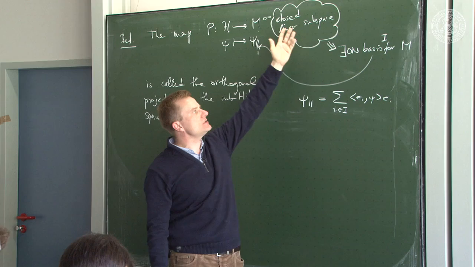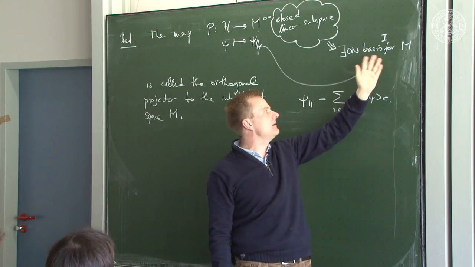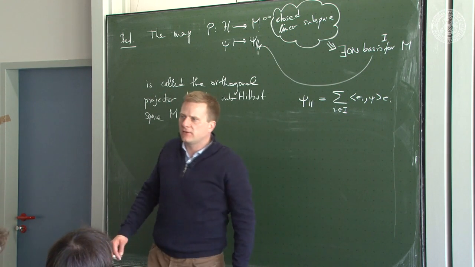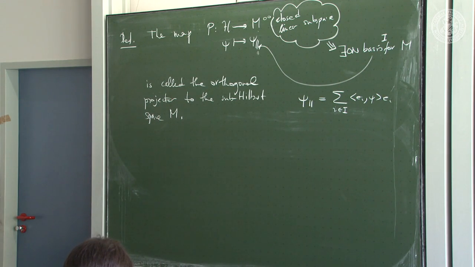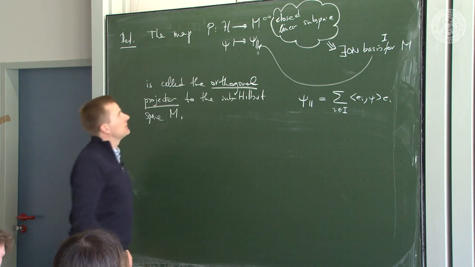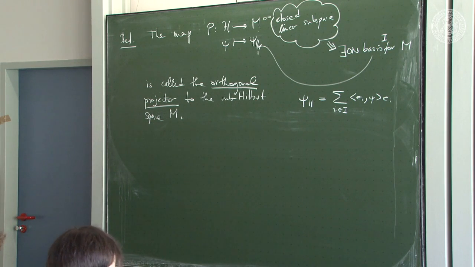If it wasn't closed, you were not guaranteed that you have an ON basis, then you wouldn't know how to define the psi parallel in the first place. Okay? It's called the orthogonal projector to the sub-Hilbert space M.